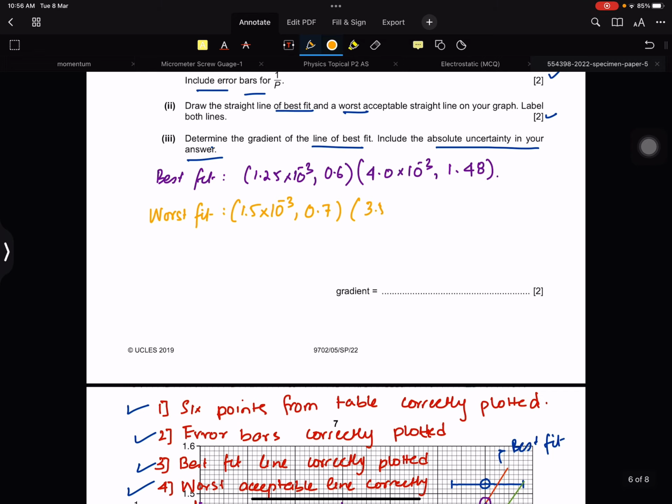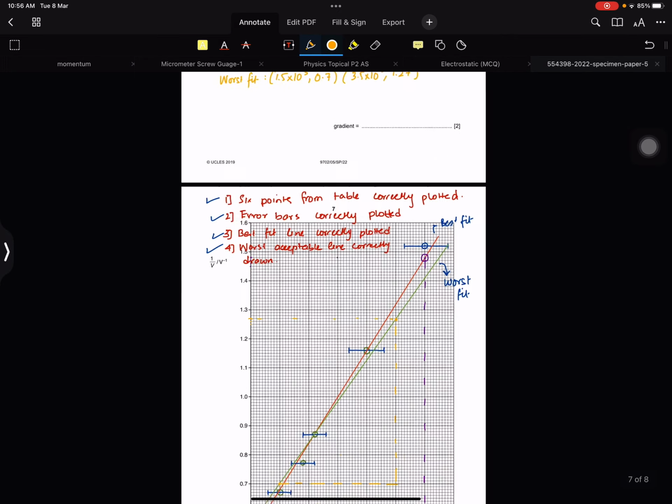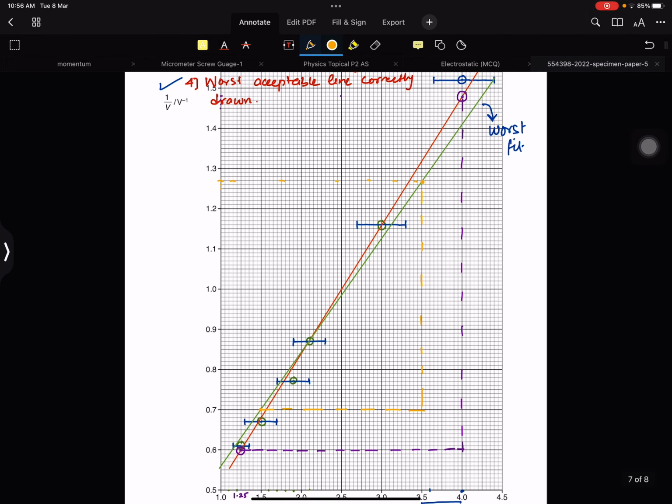So 3.5 times 10 raised to minus 3 and 1.27. So I got these points. Now notice that both points that I've taken are at least like 50% away from each other. So do make sure that you follow this rule. It is very important that you do not make a small triangle. Don't take points like this, please.